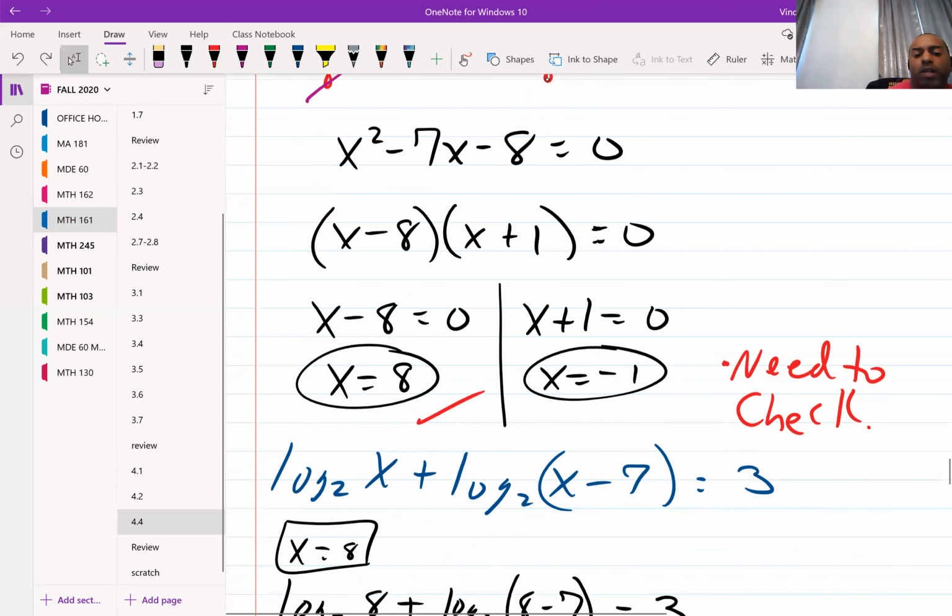So it's all about what happens when you plug in the negative value. In this case, it ended up not working for us. You notice that we ended up having a log of negative 1. Then here, this would have been log of negative 8. You cannot take the log of a negative value. So that's why negative 1 does not work for us. So x equal to 8 works, but x equal to negative 1 does not.